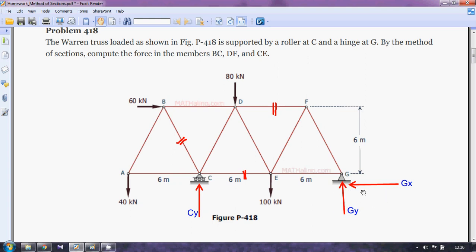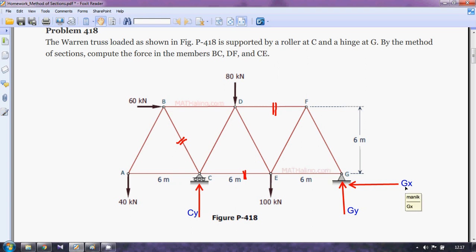But one thing I am very much sure about is the horizontal reaction. Why? Because look, if I have a 60 kilonewton force in the positive x direction, and there are no other forces acting in the x direction, correct? So there is only one reaction, which is Gx. It must resist the 60 kilonewton force, correct? So the 60 kilonewton force is acting in the positive x direction.